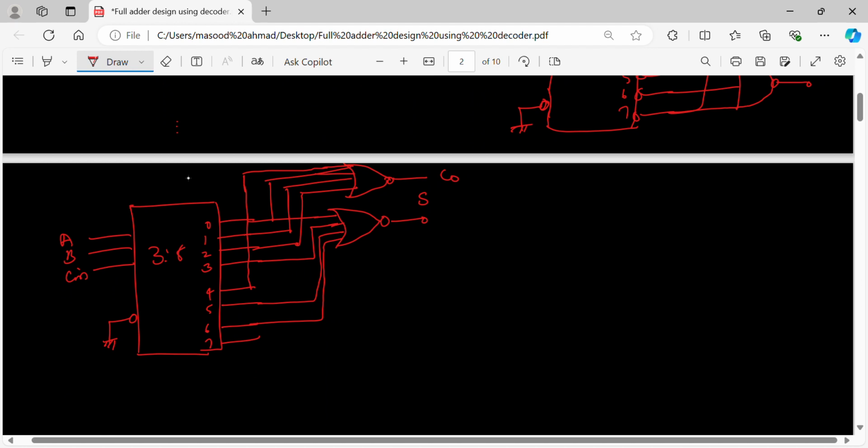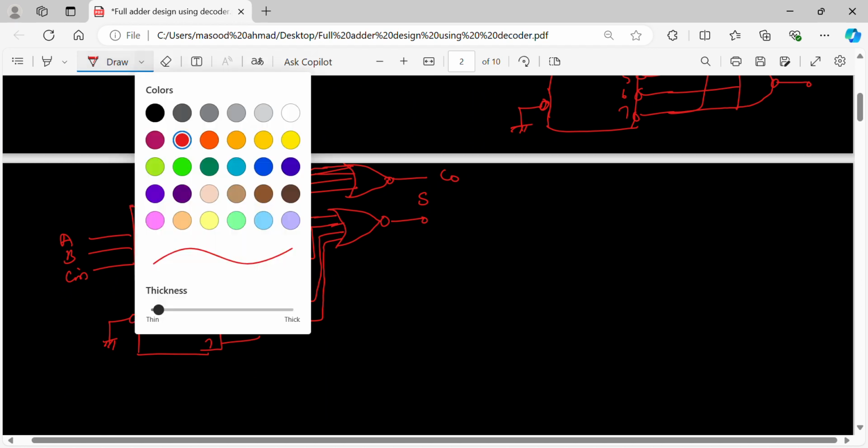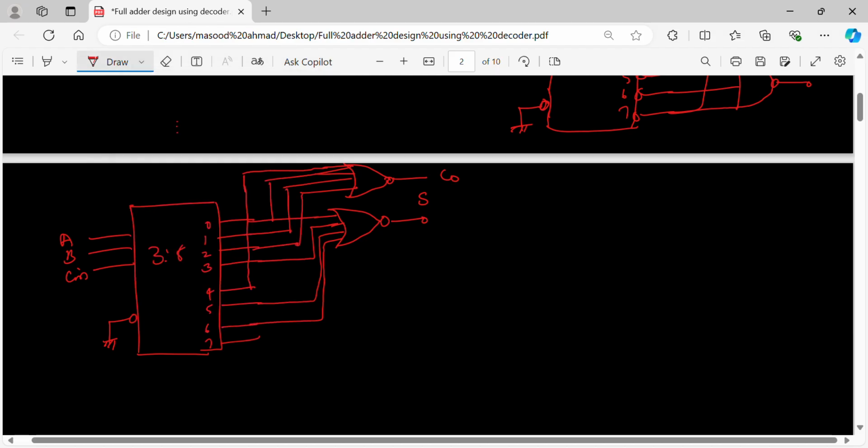What is it that we are trying to look at is this. Let's start with a decoder, right? We have three inputs A, B, C. There is an enable input which is active low connected to ground, right?